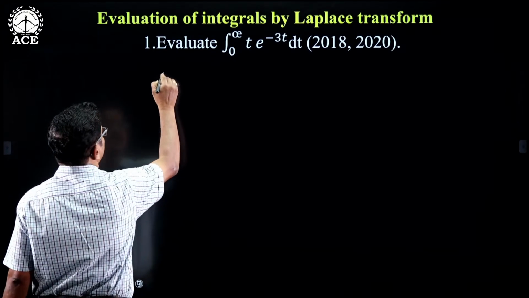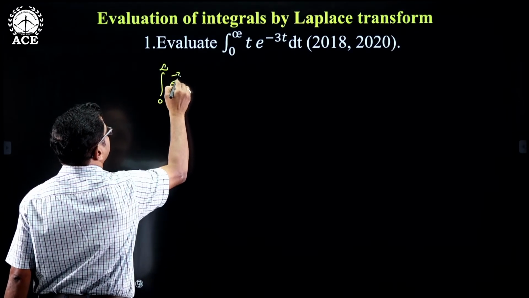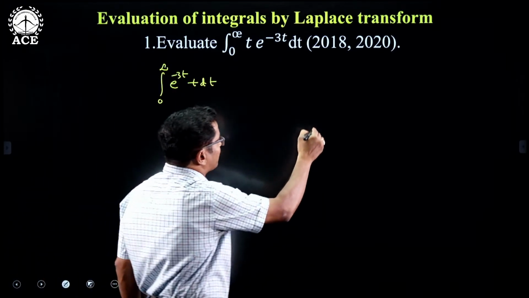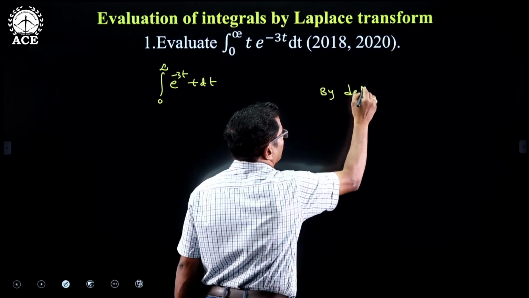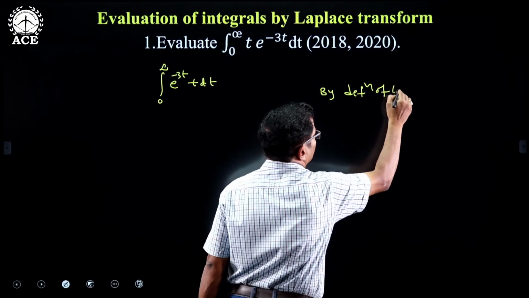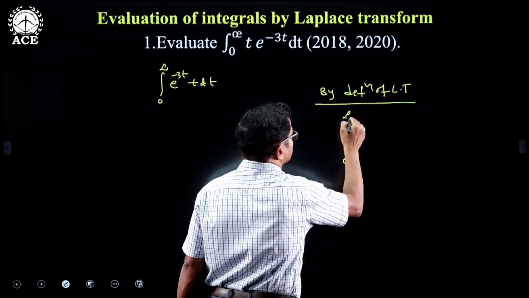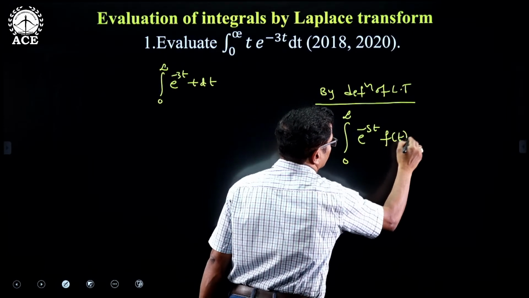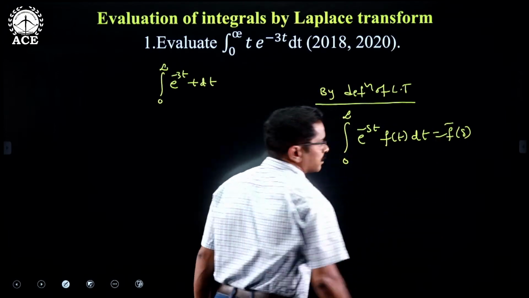Now integration 0 to infinite e power minus 3t t dt. Actually, by definition of Laplace transform, what we have? Integration 0 to infinite e power minus st f of t dt, which we represent by f bar of s.